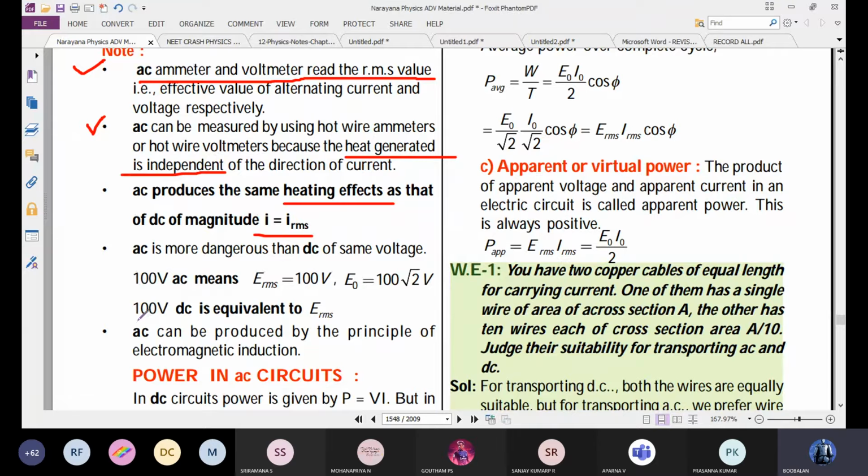So 100 volt DC is equivalent to E RMS. But which is more dangerous? AC only is dangerous. Maybe they will ask one more question like that. So which is more dangerous, AC or DC? AC is the more dangerous.